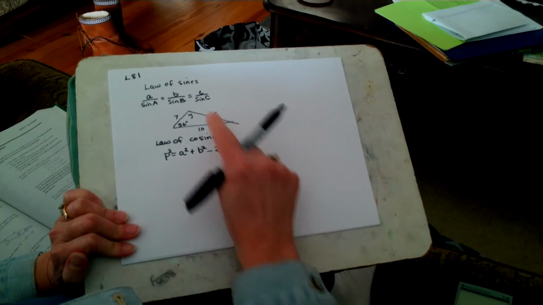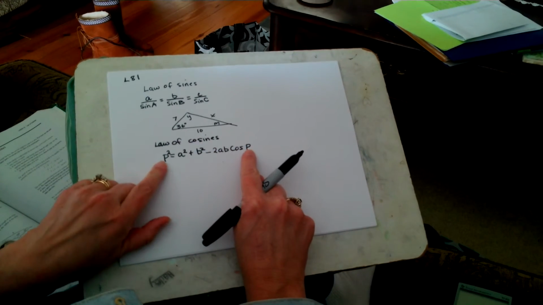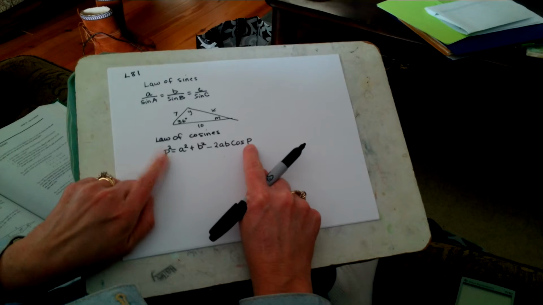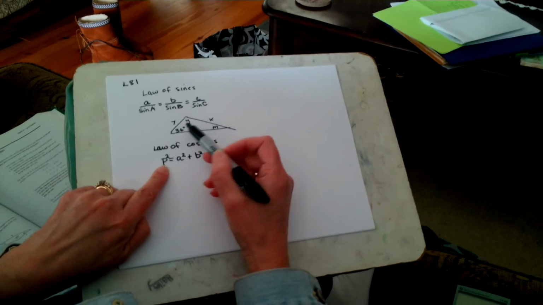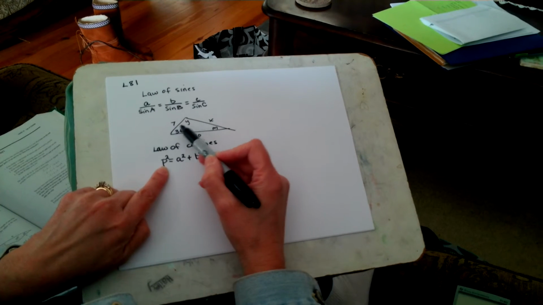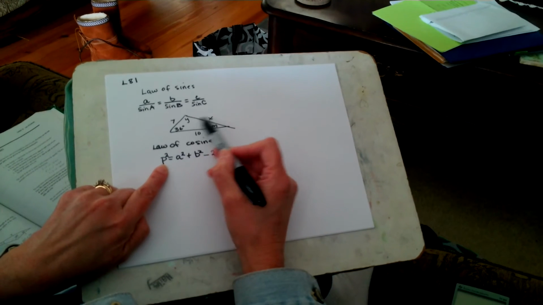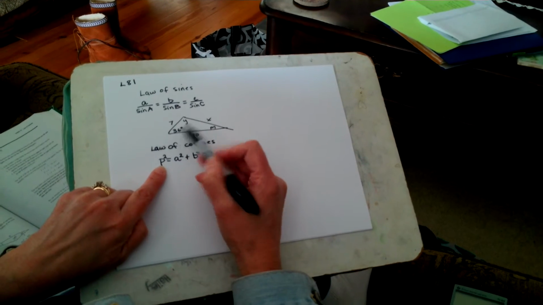So in this example, these two are my pair, this side and this angle. I could do any of them, but I'm going to use 36 as my angle and x as my side.